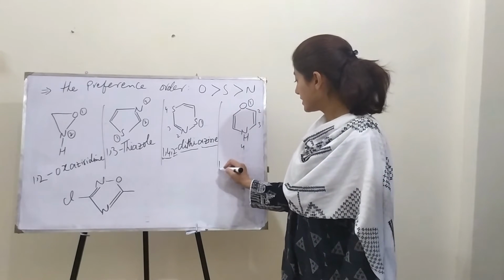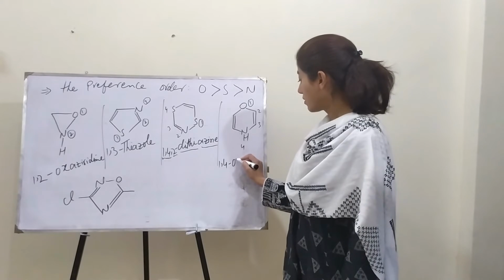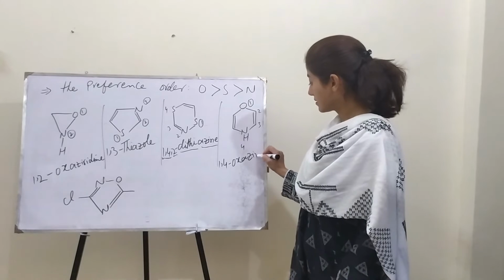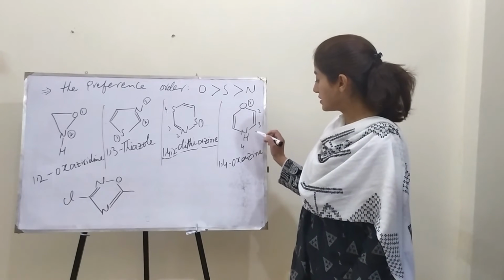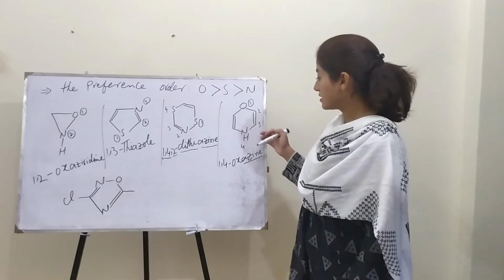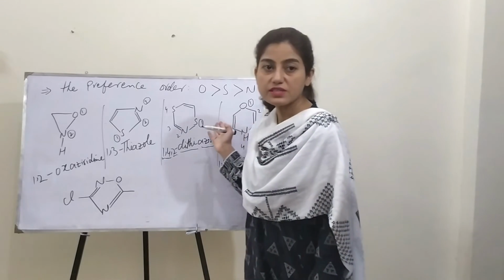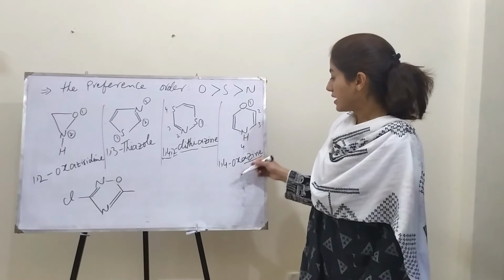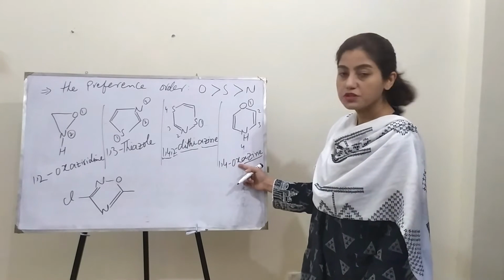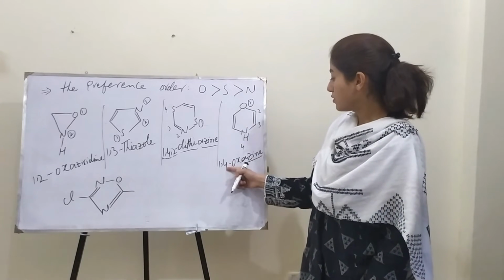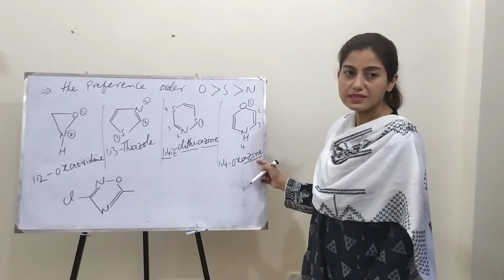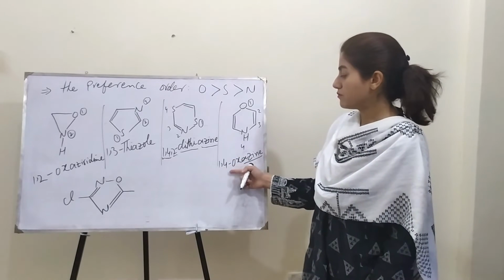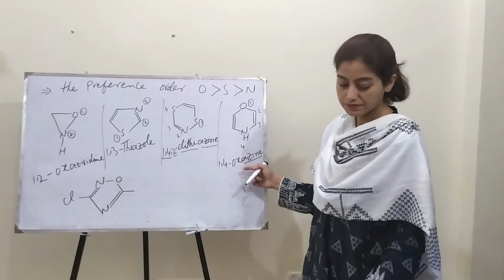So according to 8, its name would be 1,4-oxazine, as this is the 6-membered heterocycle containing nitrogen in the form of unsaturated heterocycle. So its name is azine, and the 1 shows position of the oxa group and 4 shows the nitrogen of the azine. So in this way, its complete name would become 1,4-oxazine.